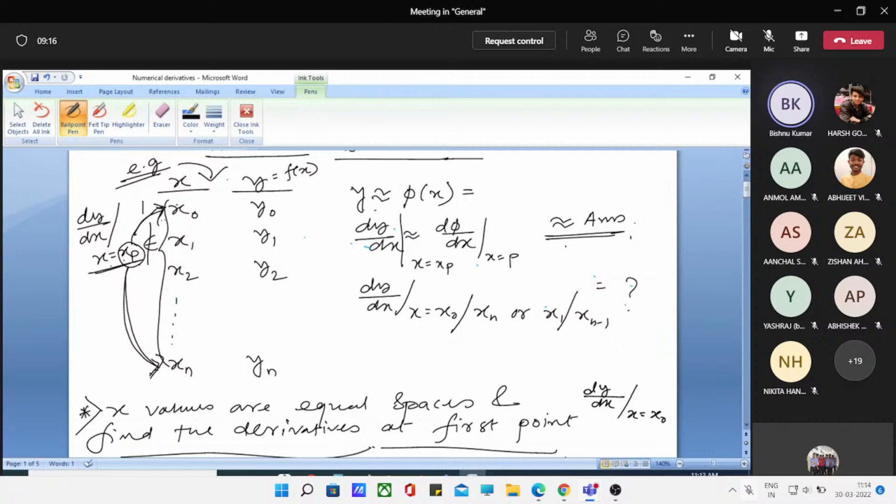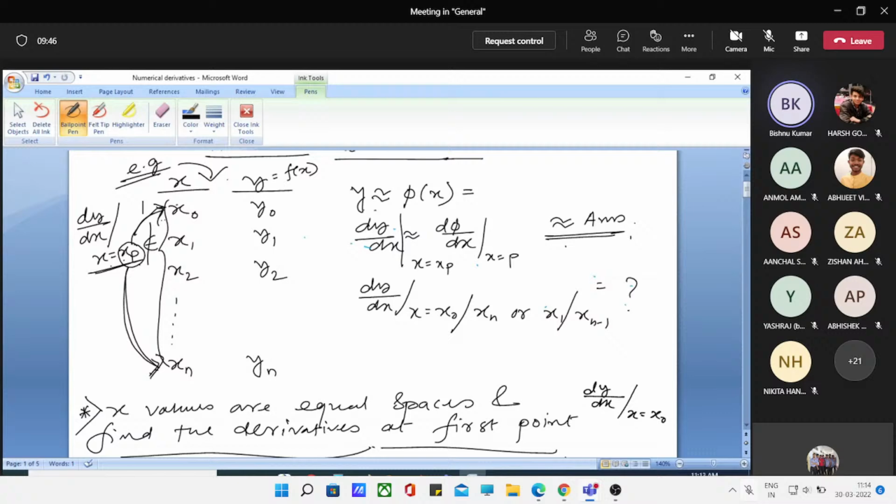So which technique will you use? Logically, which technique will you use to create the polynomial? X values are equally spaced. Tell me quickly. The asking point coincides with the first point, so obviously that point is in this neighborhood.